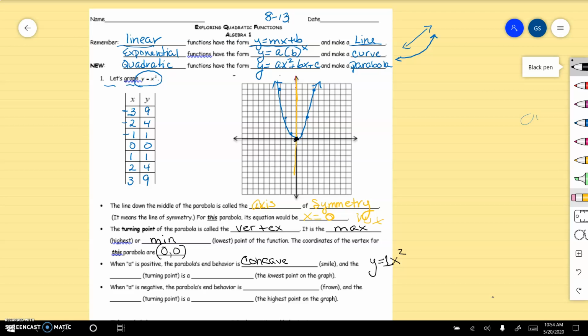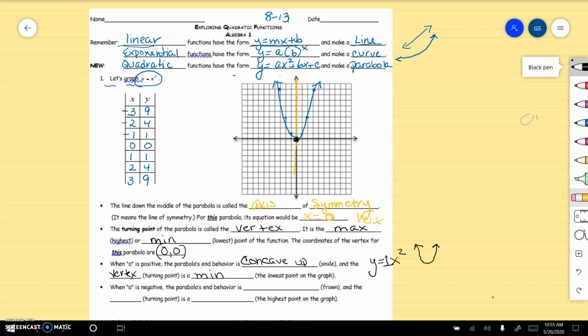What it means is it kind of makes a smile. So the parabola goes upward, which means that the vertex is a minimum, or min, because it's the lowest point on the graph.